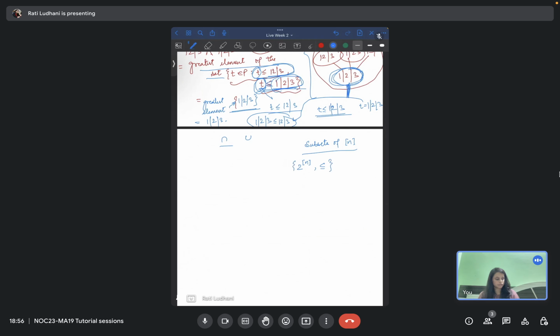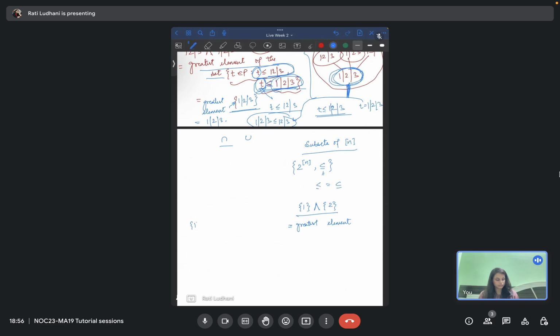So less than or equal to is your inclusion, right? For example, if I ask you to tell me the meet of this, you will search for the greatest element from the definition.